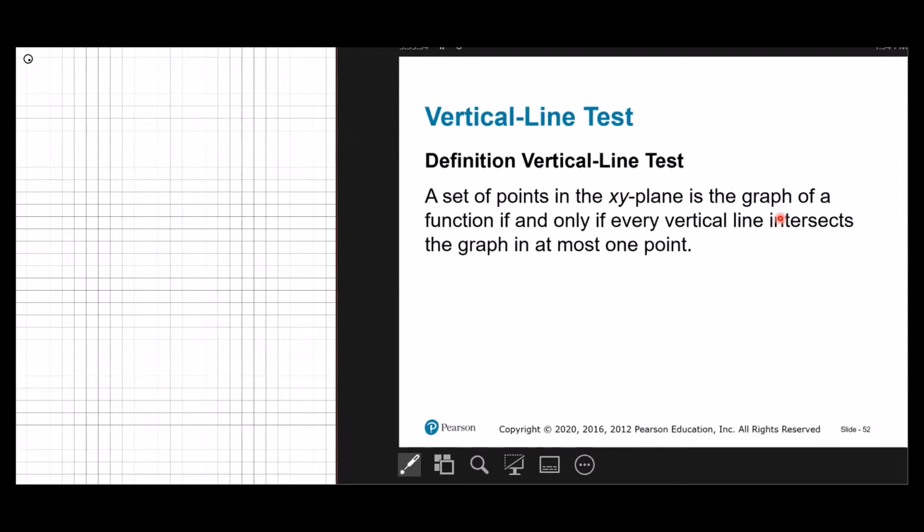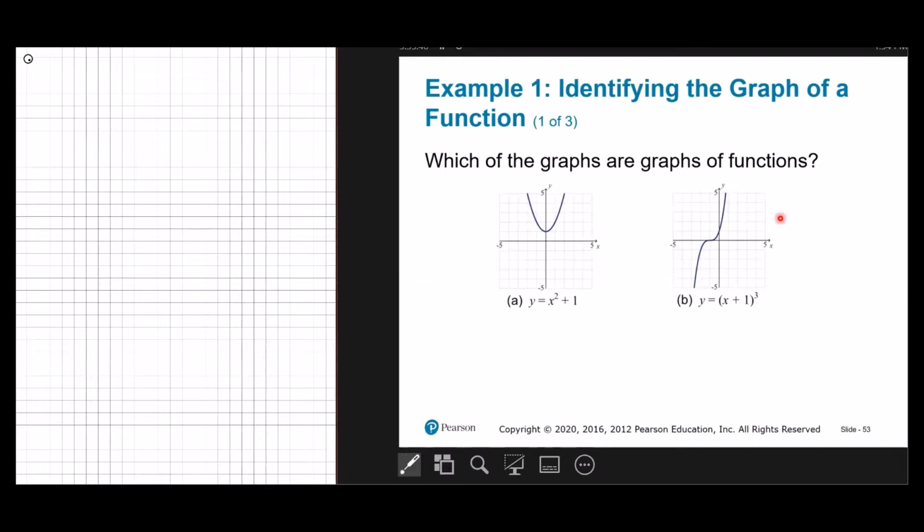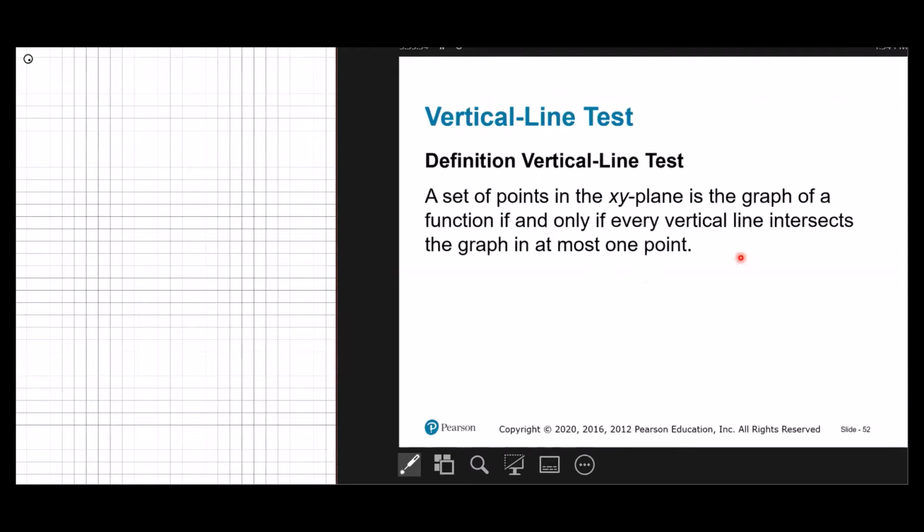If we have a graph, is that graph the graph of a function? Well, if I draw a vertical line through A or a vertical line through B, does it hit the graph at most at one point?